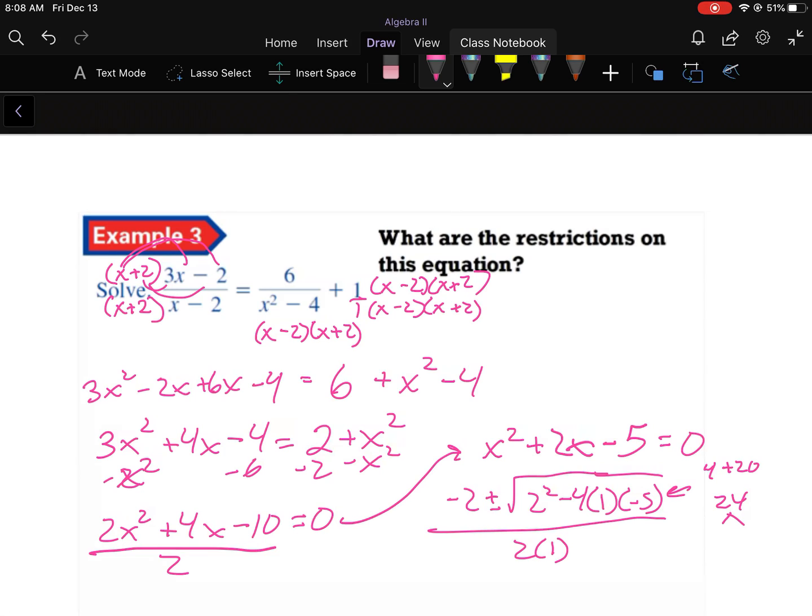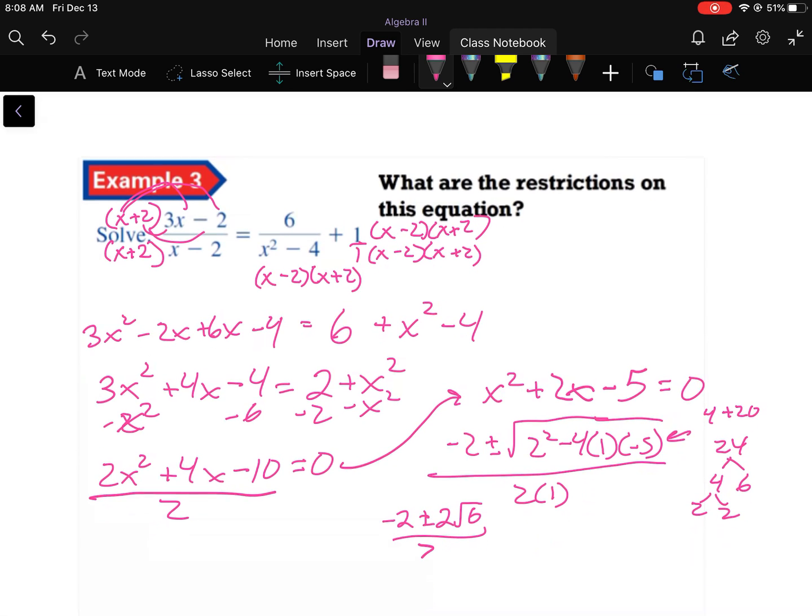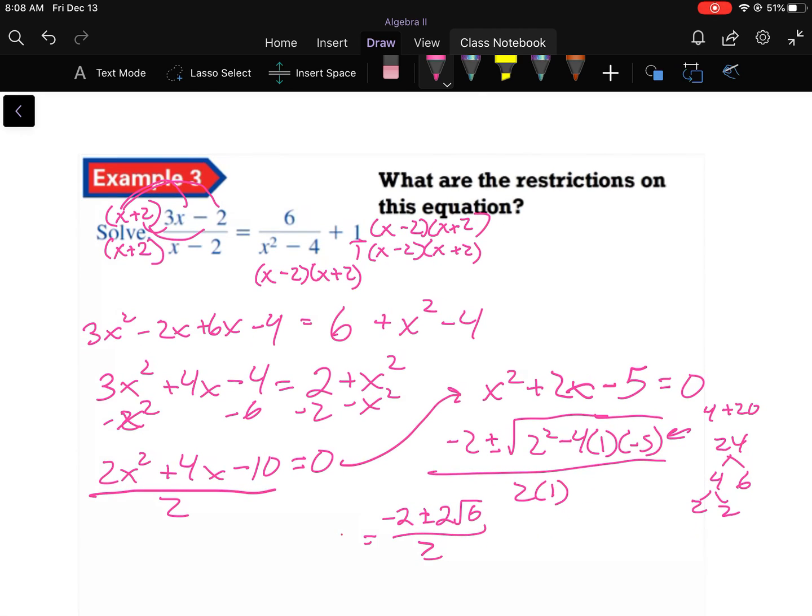Do a little bit of factor tree action with that, and I get a 4 and a 6. So negative 2 plus or minus 2 square roots of 6. I got that 2 out on the outside, all over 2. I'm going to reduce that down a little bit and get x is equal to negative 1 plus or minus the square root of 6.